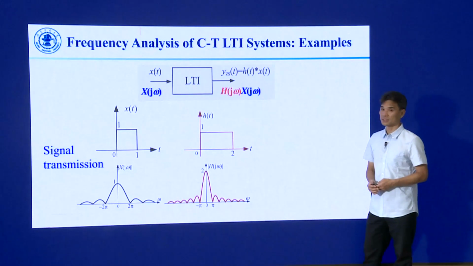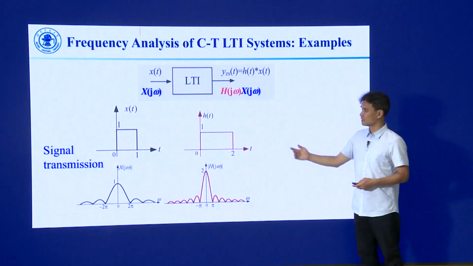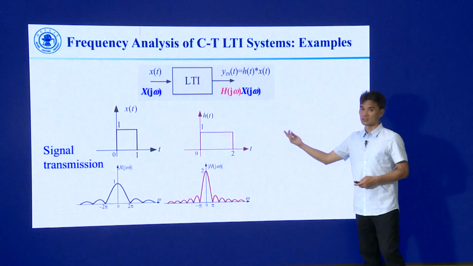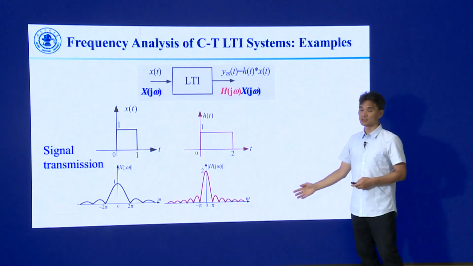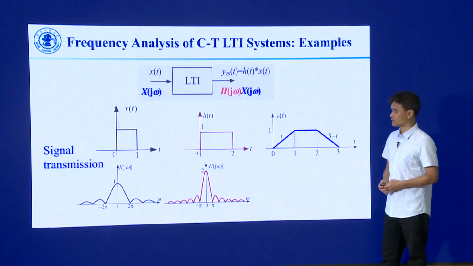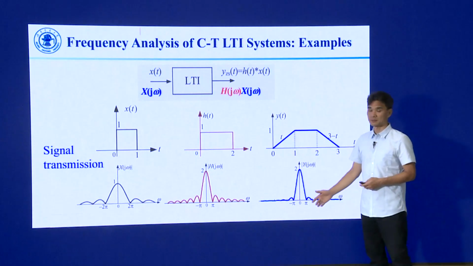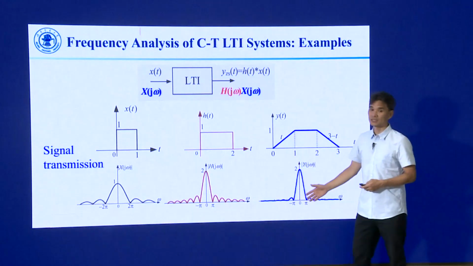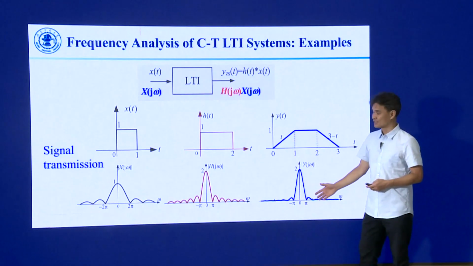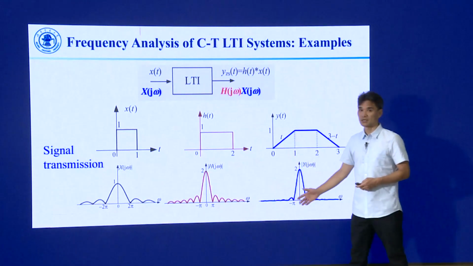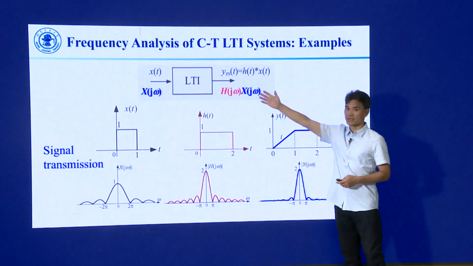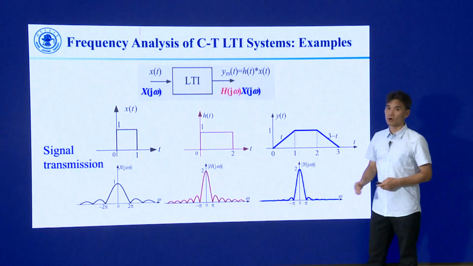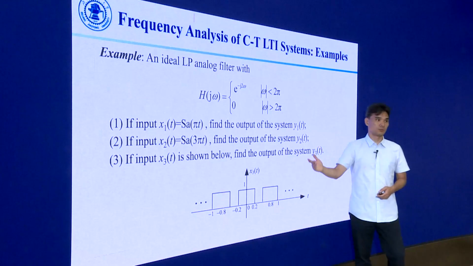The convolution in the time domain becomes multiplication in the frequency domain. Because multiplication is really easy to understand, the interpretation of the system's behavior can be quite straightforward in the frequency domain. Here is one example.